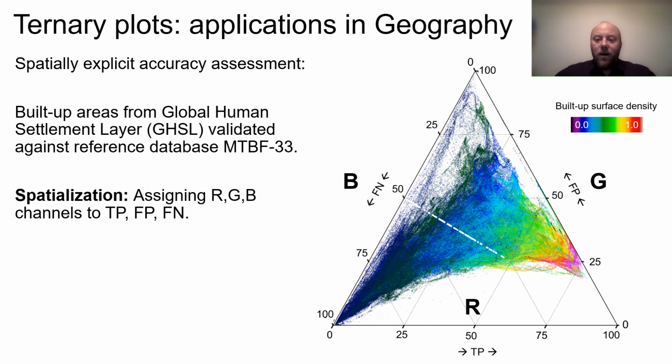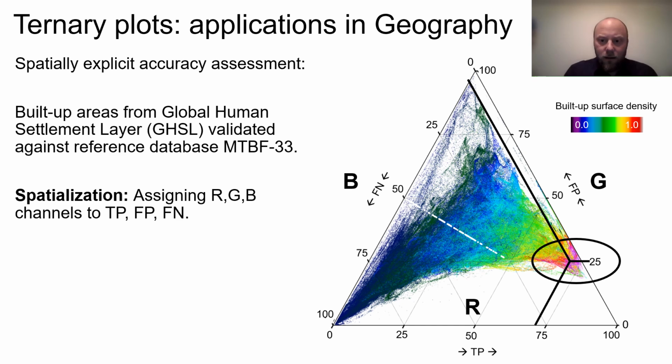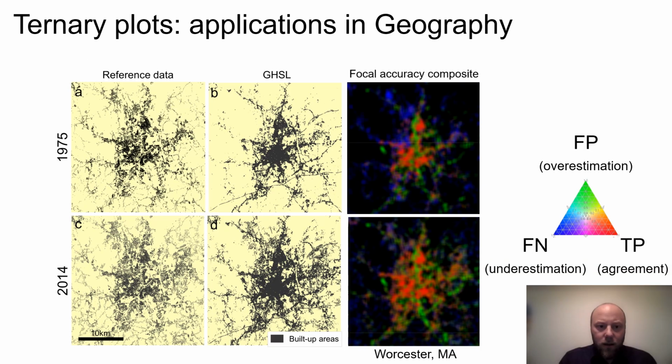but the colors of this 3-band image do not represent RGB as it would be in a photography or in a scanned photographic image, but the 3 channels represent these 3 agreement categories. And this is what we see here.